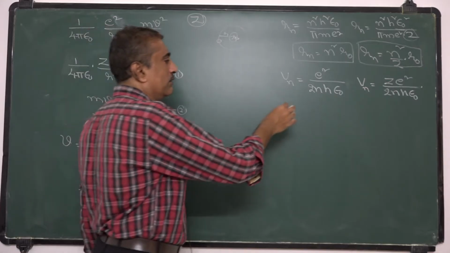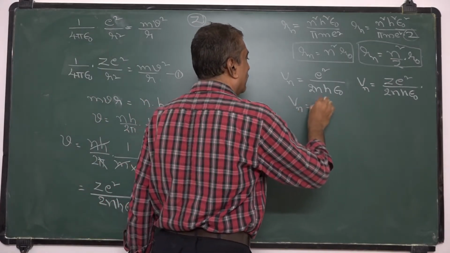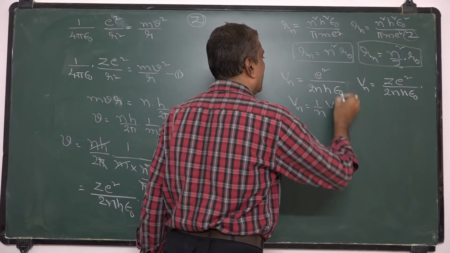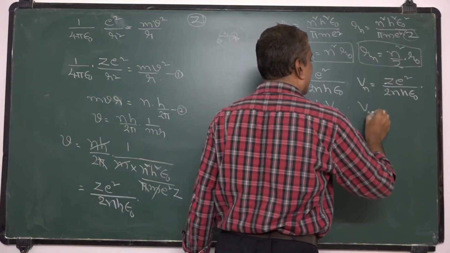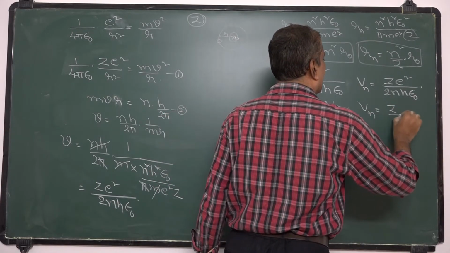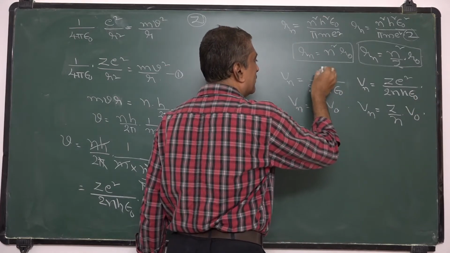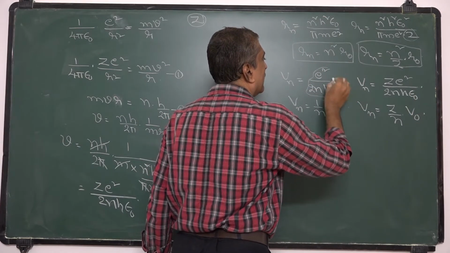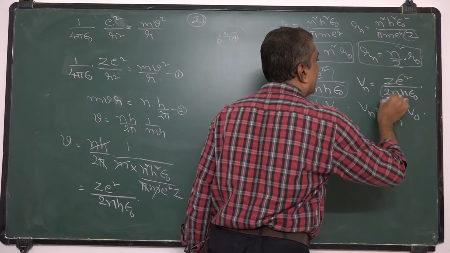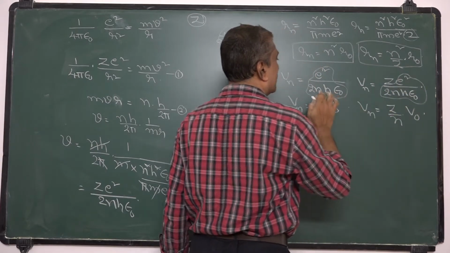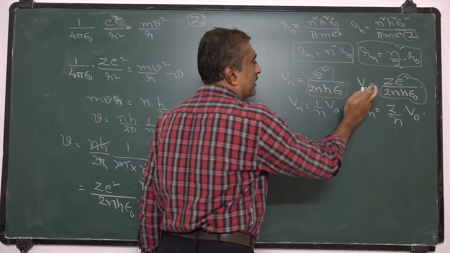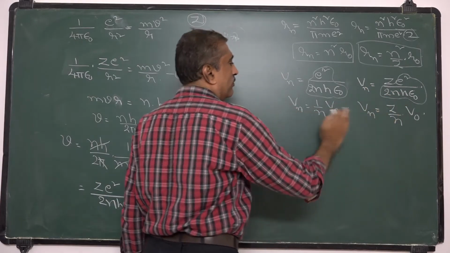So in this case we can write Vn is equal to 1 by n into V naught, but in this case we write Vn is equal to Z by n into V naught, because these terms are common. So actually V depends on n, so here also n. So we can write like this.